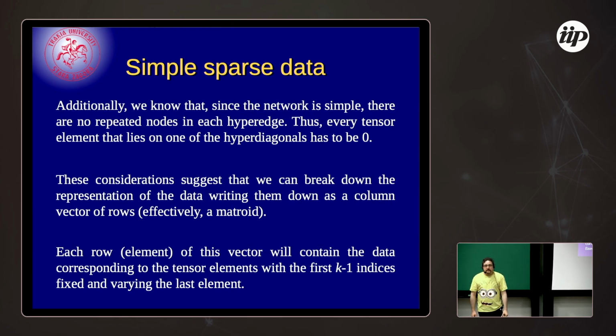Number two, all the elements on the hyperdiagonals are going to be zero, which at this point already leads us to the shape of what we want to do, because what we can just do is write down our data like this.